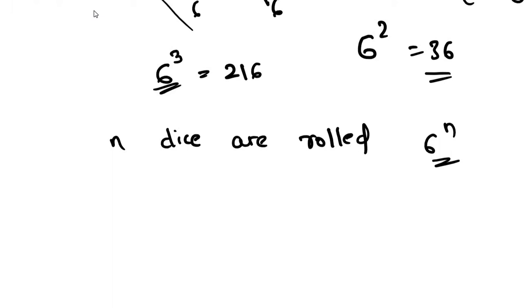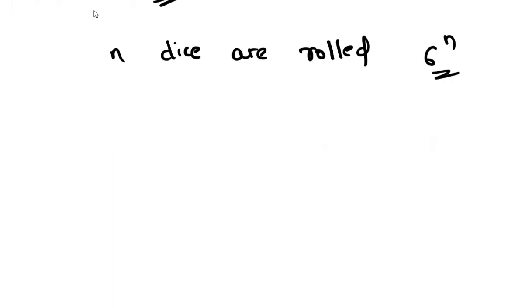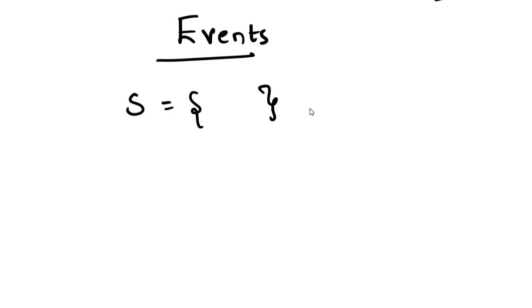Now in this session I am going to teach about events. First of all, what is an event? We have studied random experiments and the sample space associated with an experiment. The sample space S serves as a universal set for all questions concerned with an experiment.